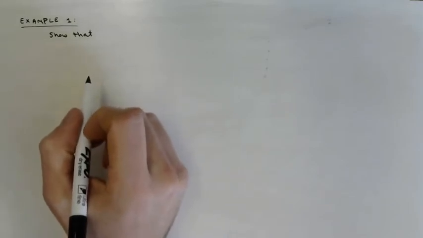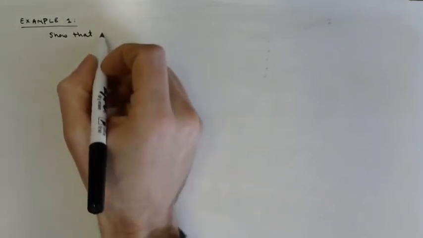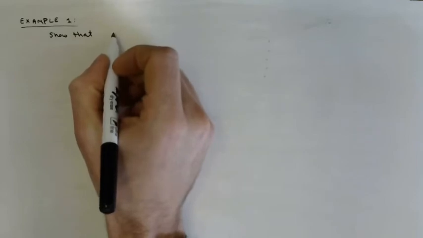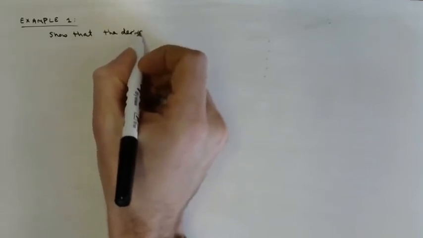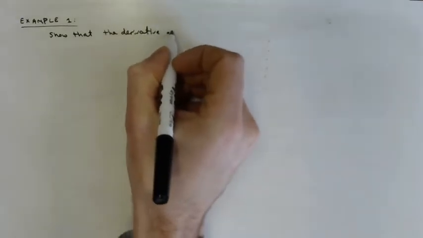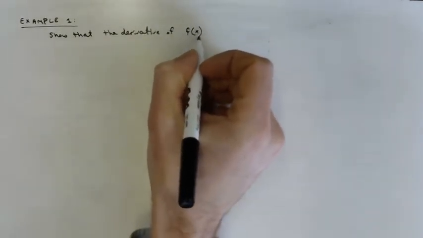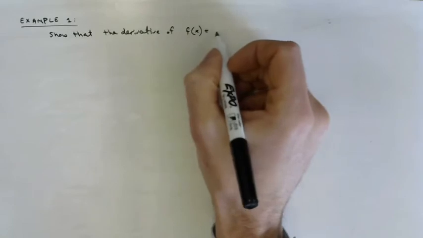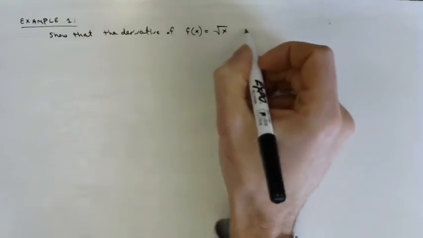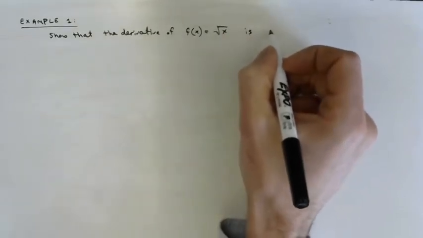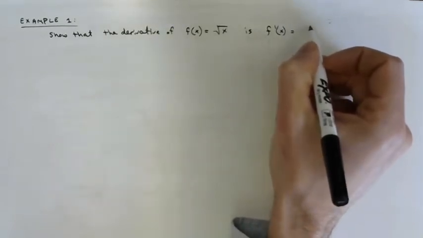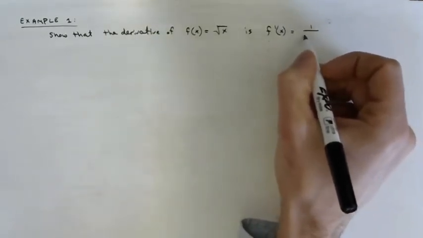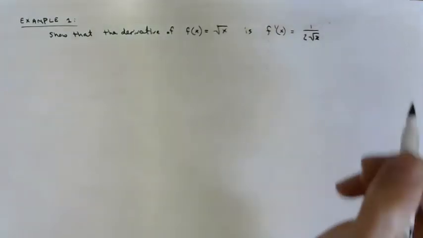Example 1 tells us to show that the derivative of f of x equals radical x is f prime of x equals 1 over 2 times radical x.